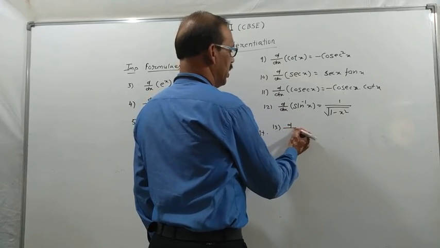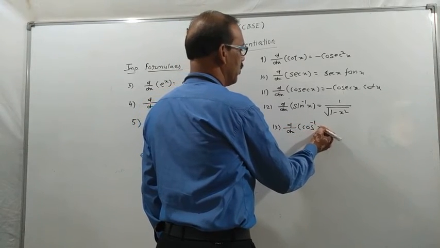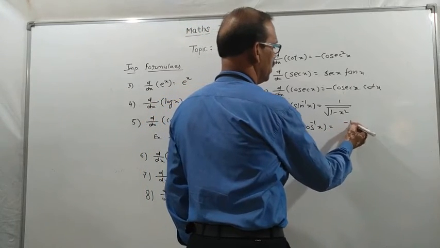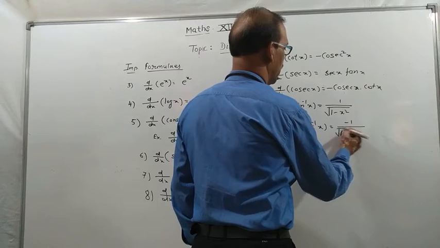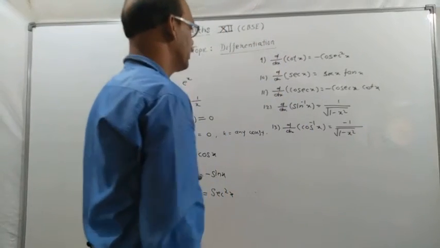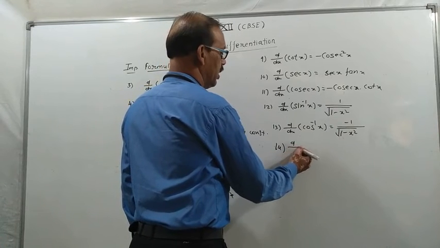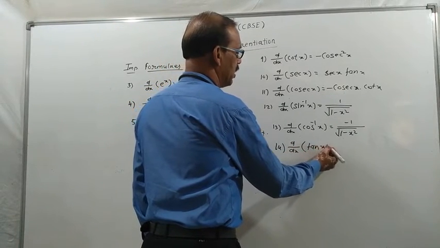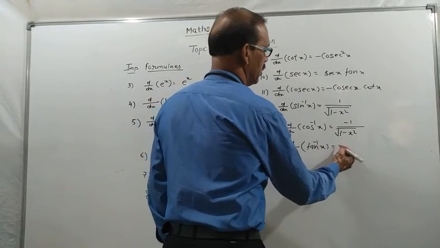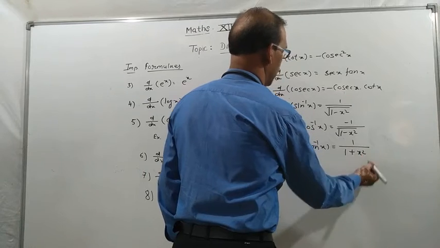Next one, d/dx of cos inverse of x is written as minus 1 upon root of 1 minus x square. Next one, d/dx of tan inverse of x is written as 1 upon 1 plus x square.